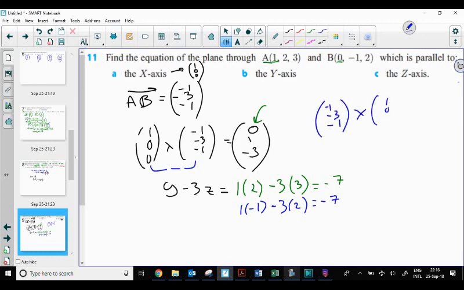This cross with 1, 0, 0 is going to be 0, negative 1, 3. And then my Cartesian equation will be negative y plus 3z is equal to negative 1 times 2 plus 3 times 3. You can see those equations are the same, right? I've just moved the negative sign to the other side. So it doesn't matter which way you do it.